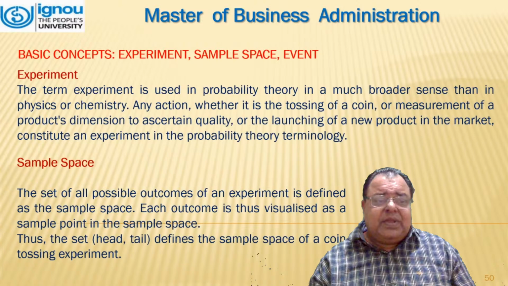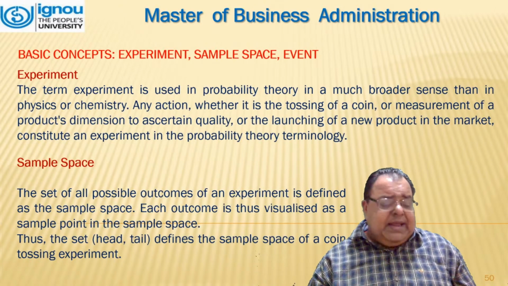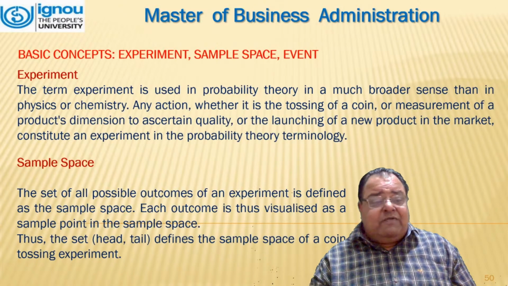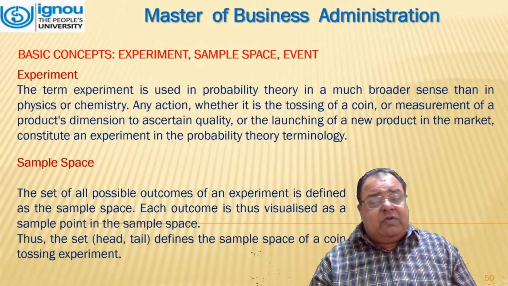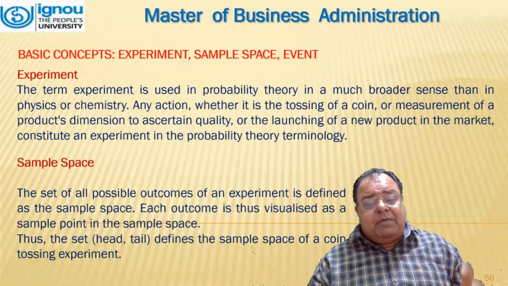Another question arises, what is meant by an experiment? The term experiment is used in probability theory in a much broader sense than in physics or chemistry. Any action, whether it is tossing of a coin or measurement of a product's dimensions as to a certain quality or the launching of a new product in the market, constitutes an experiment in the probability theory terminology.